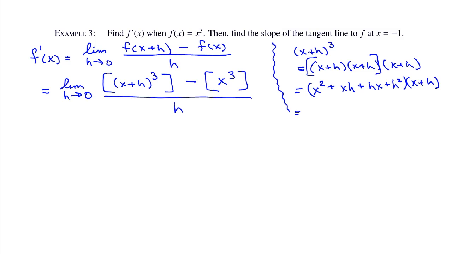Are xh and hx the same? Yes, you can multiply in any order. So those are the same. So this is actually x squared plus 2hx plus h squared times x plus h.